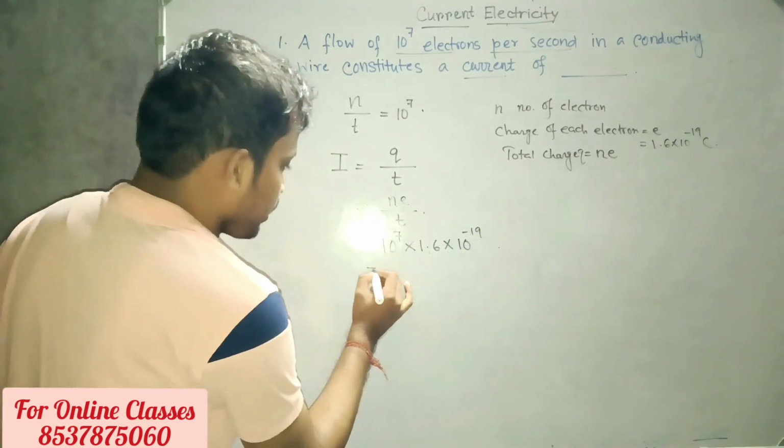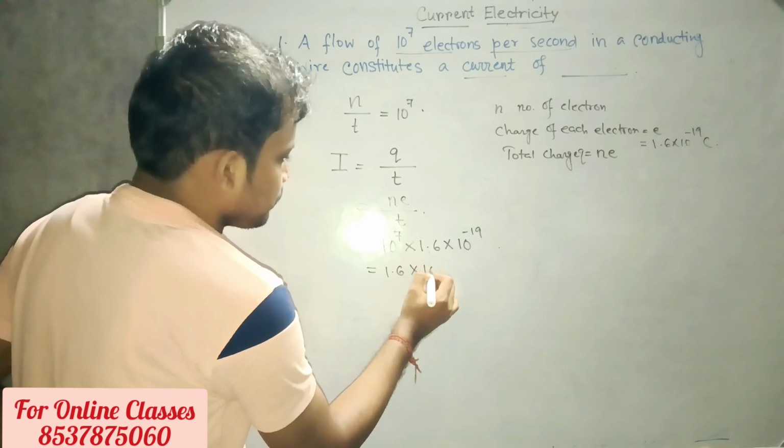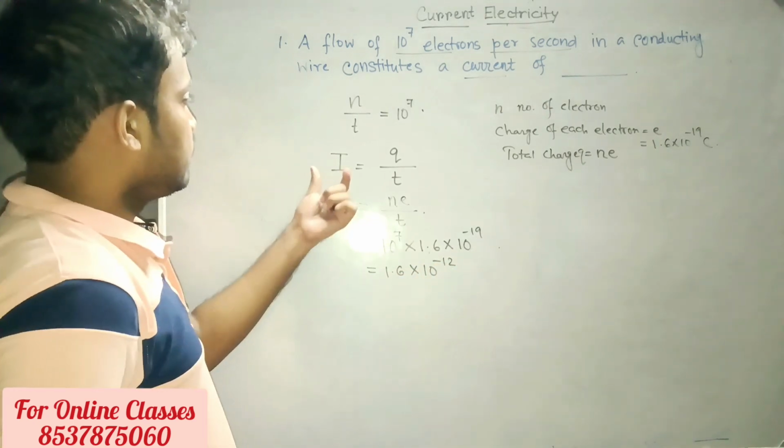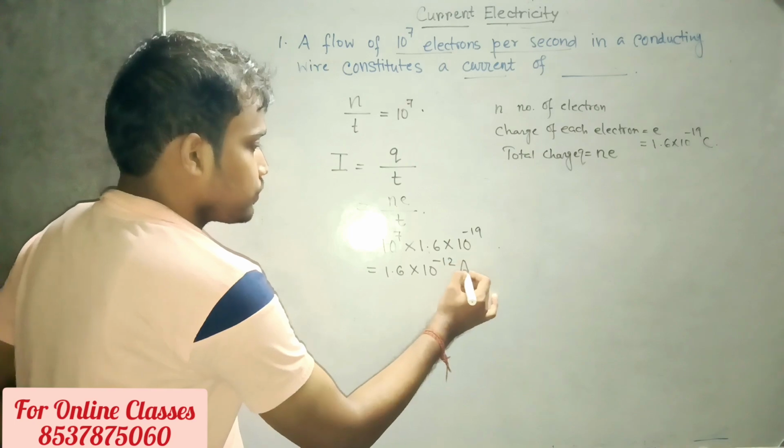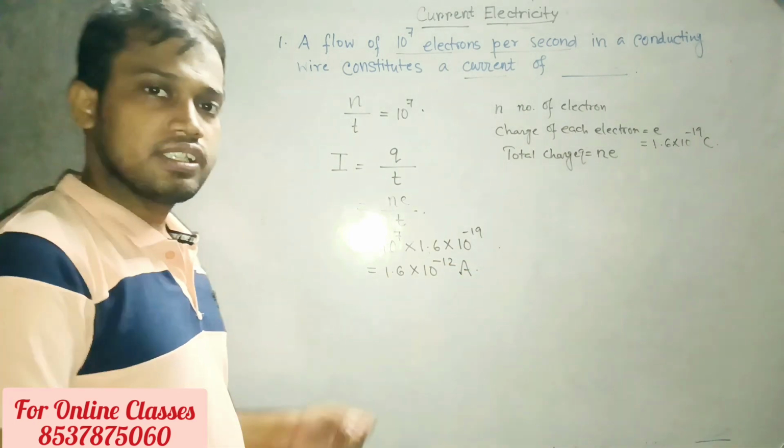So what should be the result? 1.6 into 10 to the power minus 12. On the left hand side there is current, so the result is the current in amperes. Is it clear?